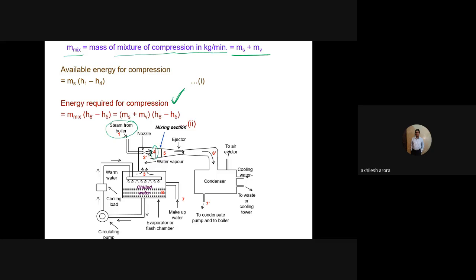When we are doing the compression, the total mass which is available at this particular point is ms plus mv, and the entry to the ejector is at point number 5 and exit is at h6 dash. So energy required for compression should be equal to total mass into h6 dash minus h5, and that will be given by ms plus mv into h6 minus h5. That is the energy required for the compression, and this compression will be taken care by this amount of the energy.